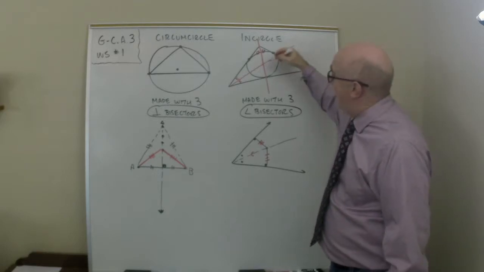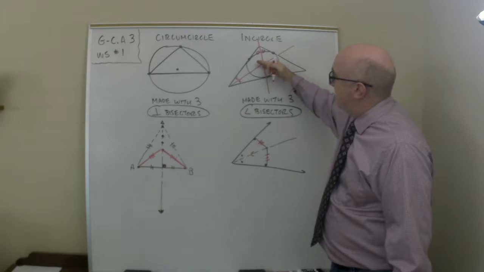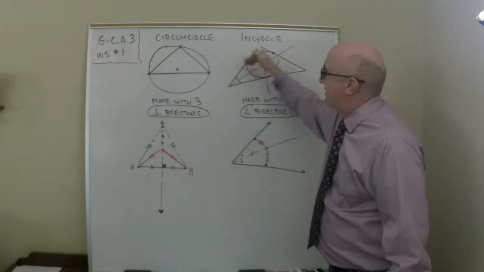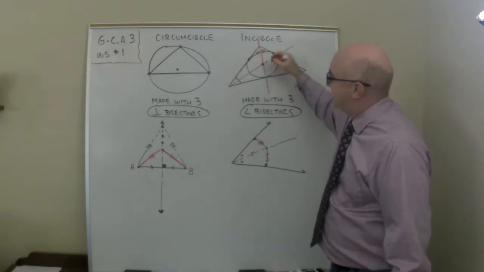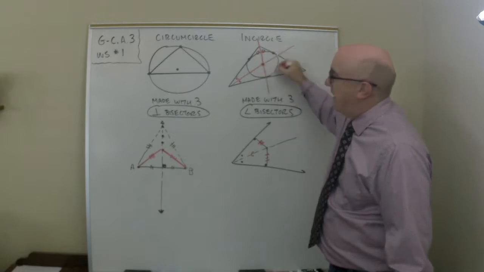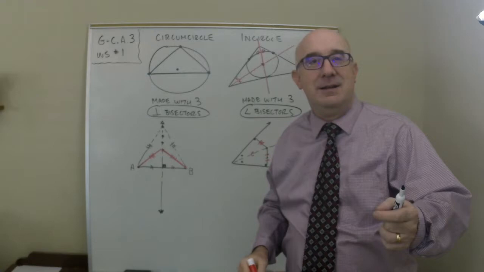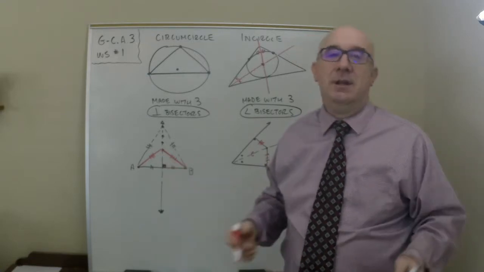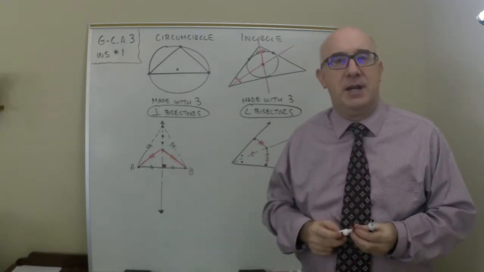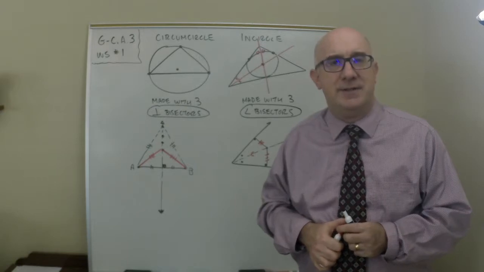And so now this point is equidistant to this side and this side. It's got to be the center of a circle that can touch all three sides. I'm confused. Let's go to the computer and I'll show you the construction, see if we can make more sense of it, okay?